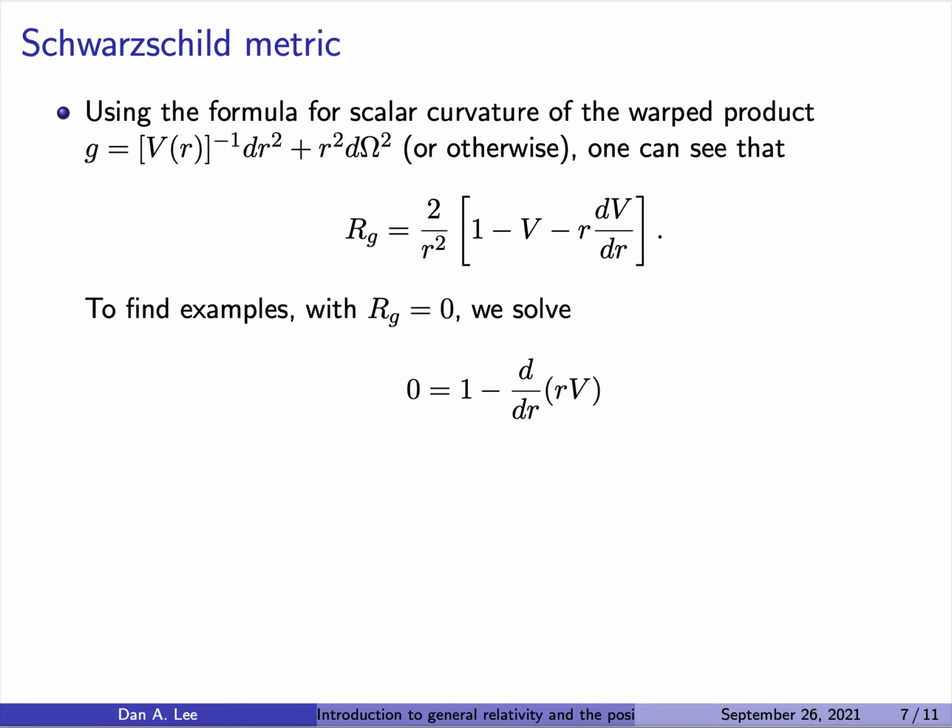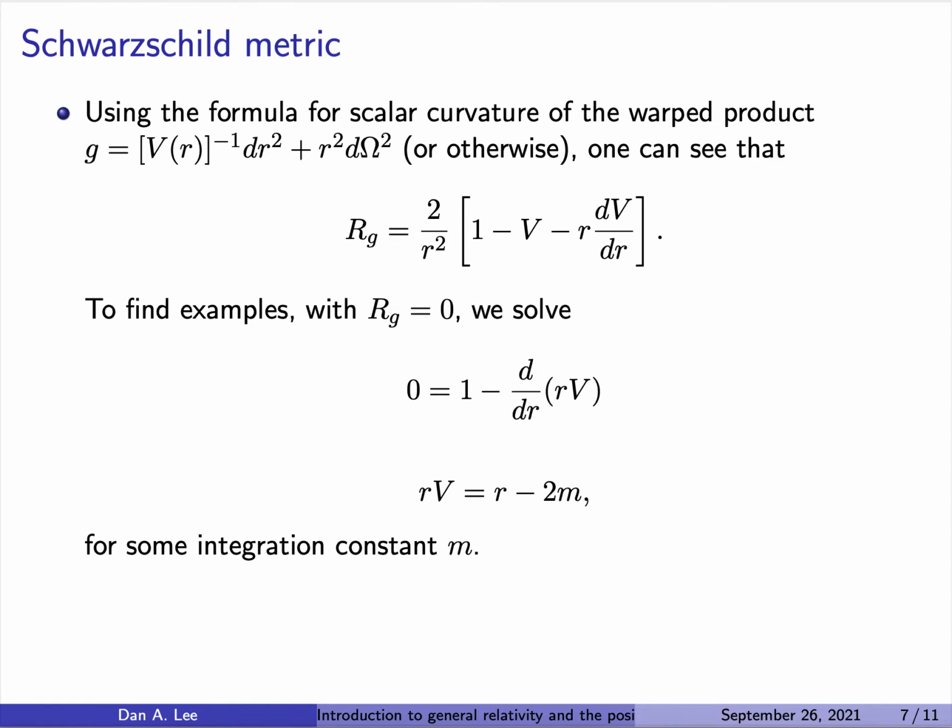Thankfully, if we do that, then the 2 over r squared just cancels away. And then the v plus r dv/dr, we can just rewrite as d/dr of rv. Okay, so this is some straightforward ODE manipulation.